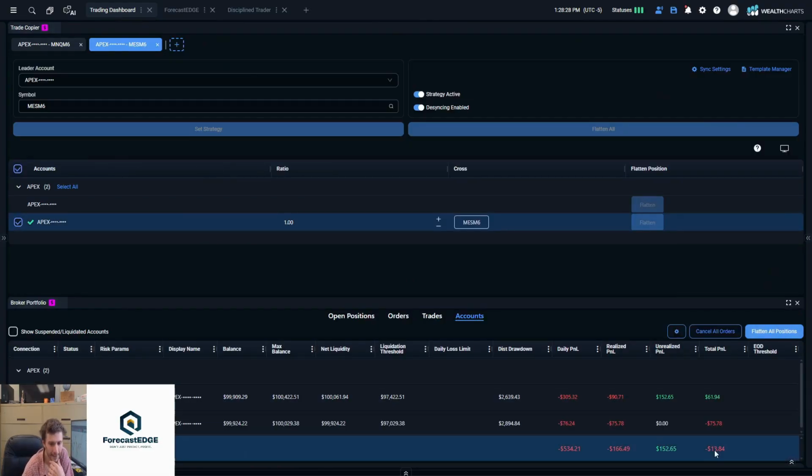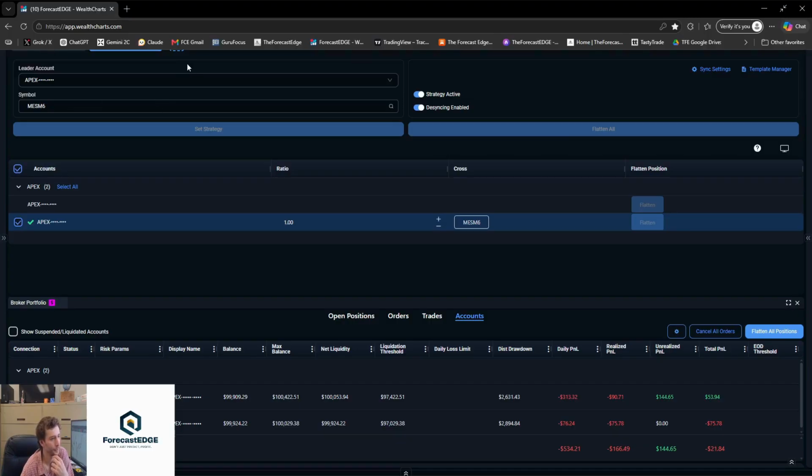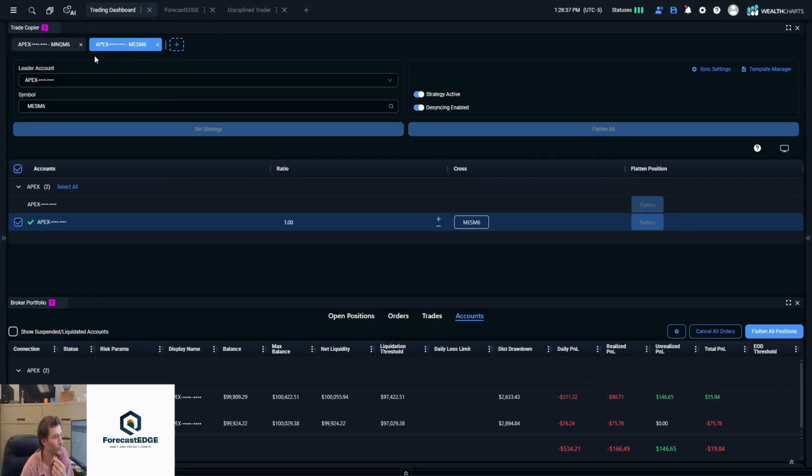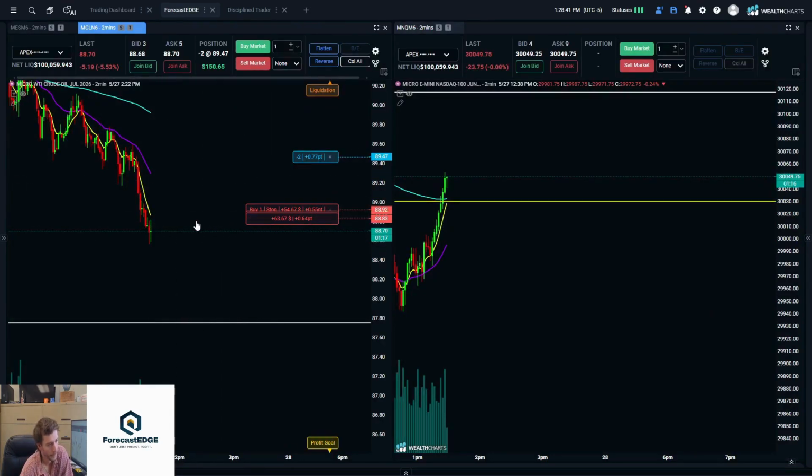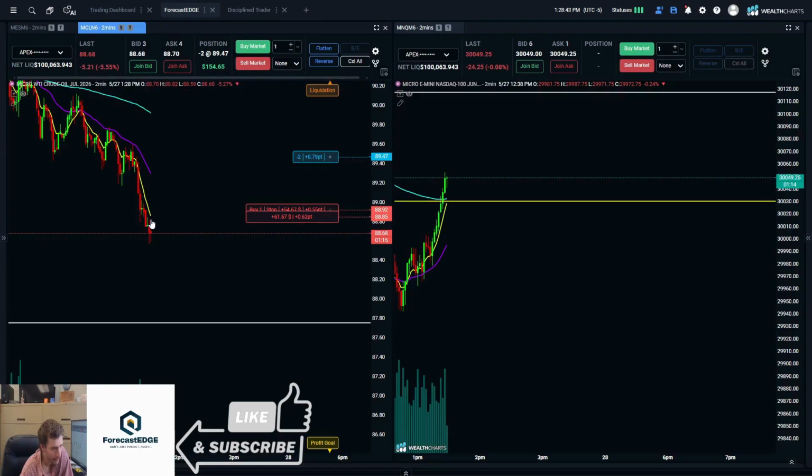Look at this. We'll get this green, we'll close them out. Pretty awesome, guys. That was a really, really great comeback here. And all it ever was following position. That was it.